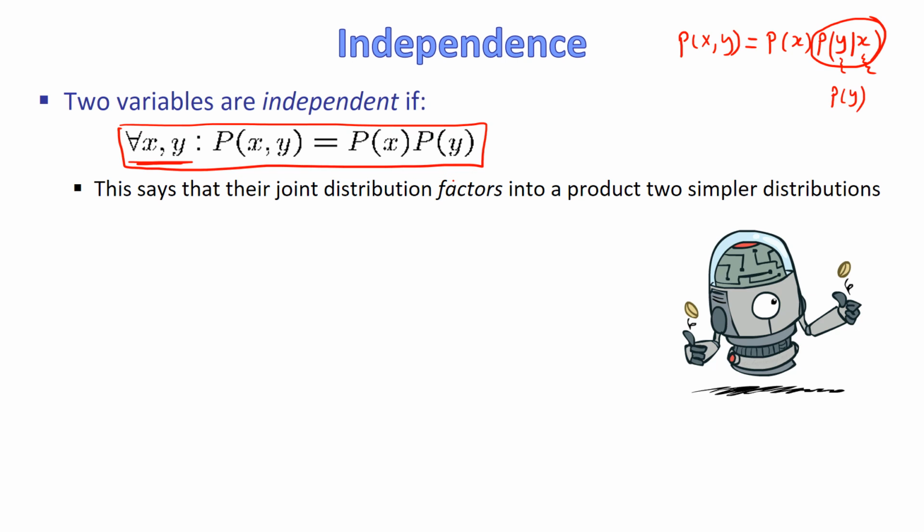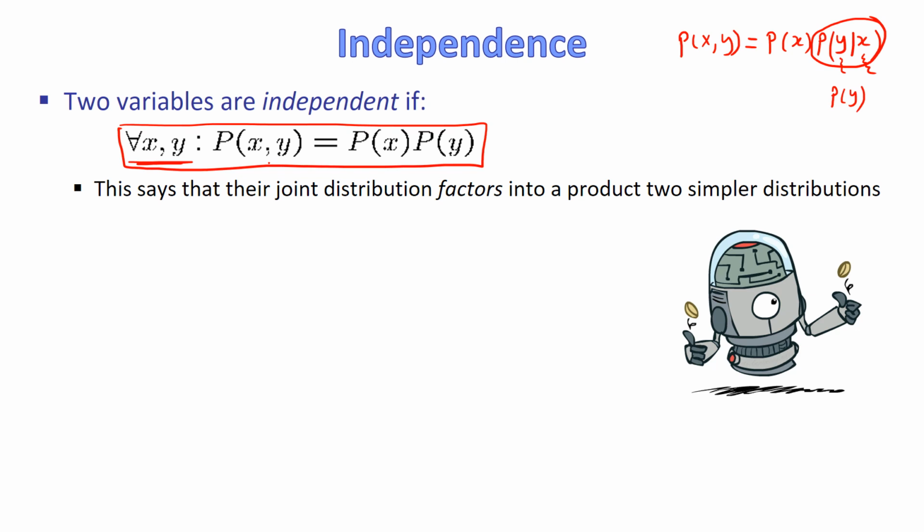Okay, that also means that if I have two variables that are independent, then their joint distribution can be represented by their marginal distributions. And I don't have to keep the joint distribution table for them.